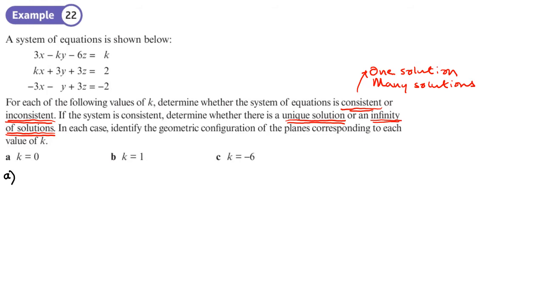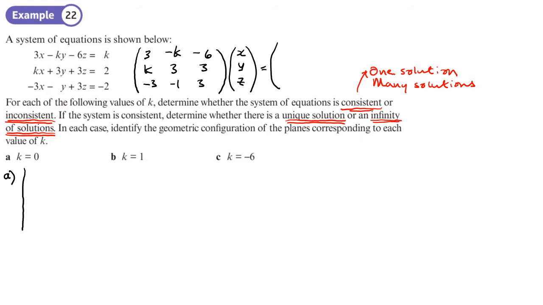In the first one, k is going to be 0. So we want to work out the determinant of the matrix. Maybe the first thing I'll do is write out what this looks like. The coefficients are 3, negative k, negative 6; k, 3, 3; negative 3, negative 1, 3, times x, y, z, equal to k, 2, negative 2.